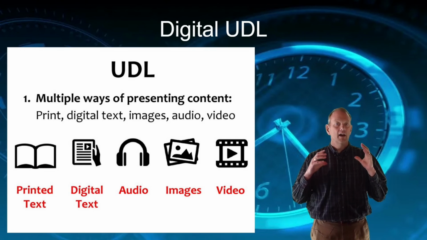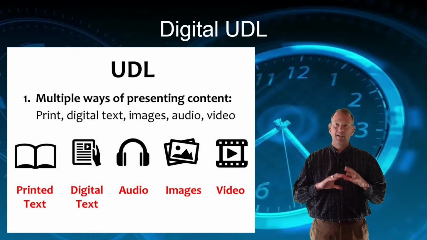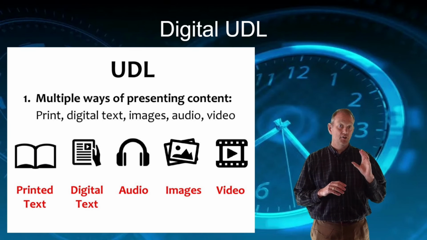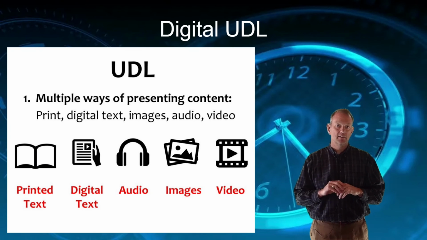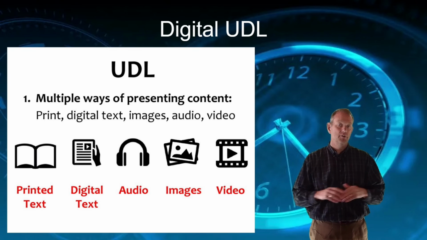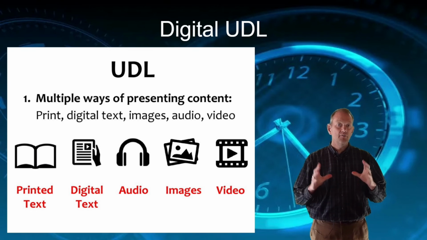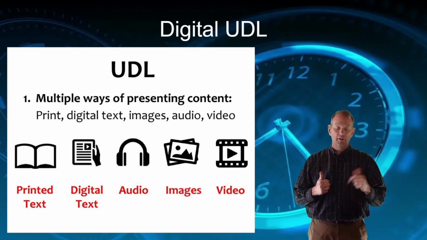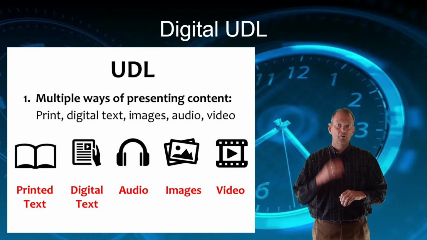I just mentioned UDL, and I want to say one more thing about it. If you design your class as a Universal Design for Learning class, and you look at the different methods that students can consume material in your class, of the 5 different methods to consume, you've got printed, digital, audio, images, and video. 4 of those are things that you do online.